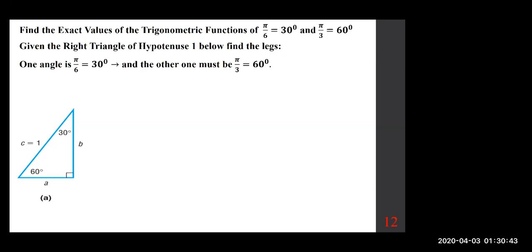We are going to add, okay, we gotta draw that, and the way we are going to handle it, make the hypotenuse to be 1. We make the hypotenuse to be 1.